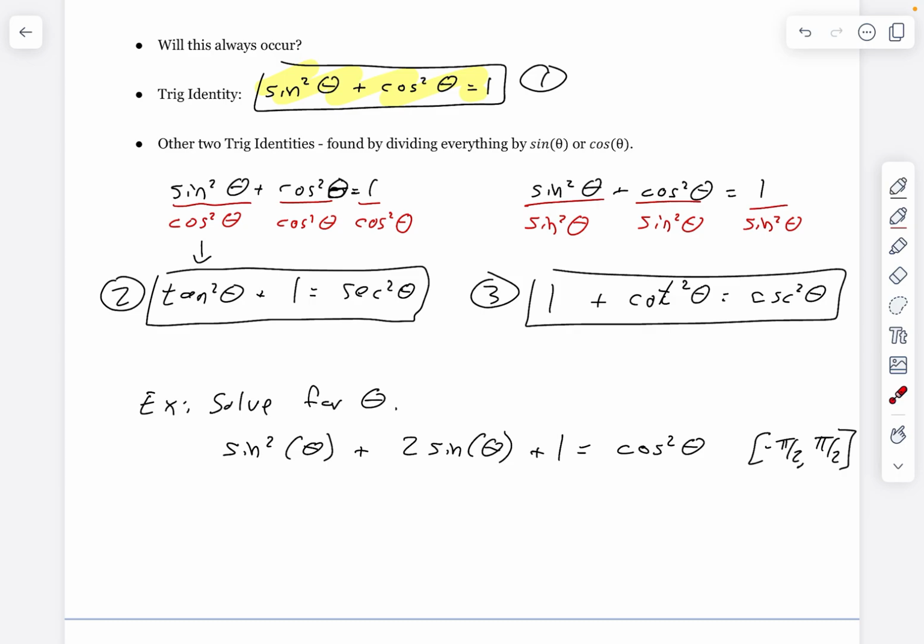How does this differ? Well, I have a sine squared, a sine, and a cosine. So now I'm not all in one trig function. My goal would be all in one trig function.